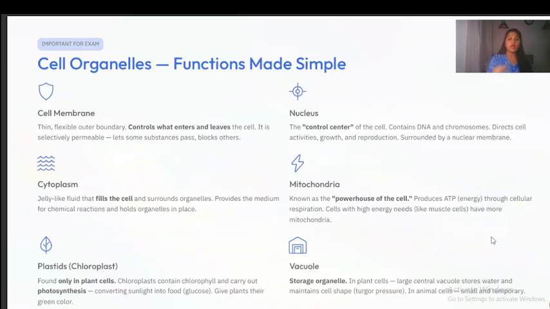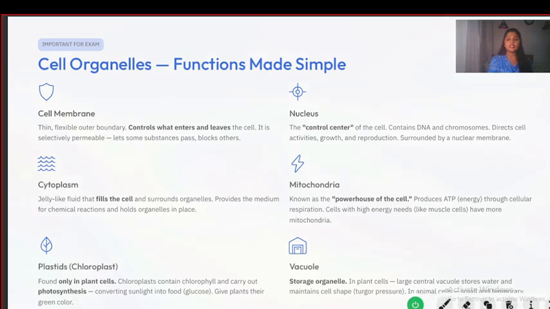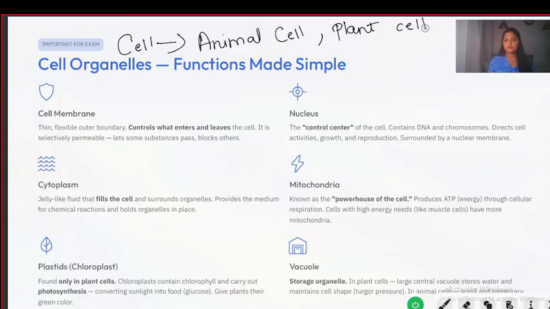Next, what are cell organelles? We are not going to understand cell organelles in a very detailed manner because all of you have already learnt it. We will just understand the important parts of a cell. Remember, we are learning about two types of cells: animal cell and plant cell.